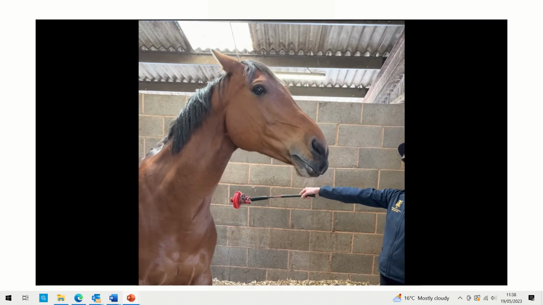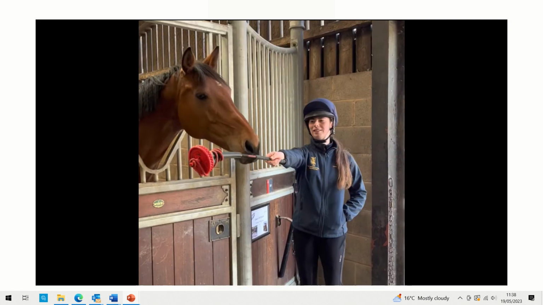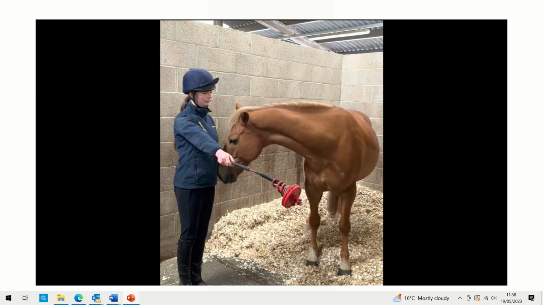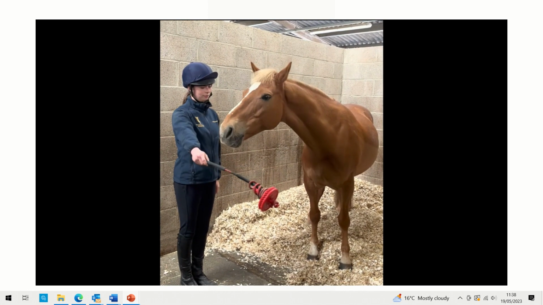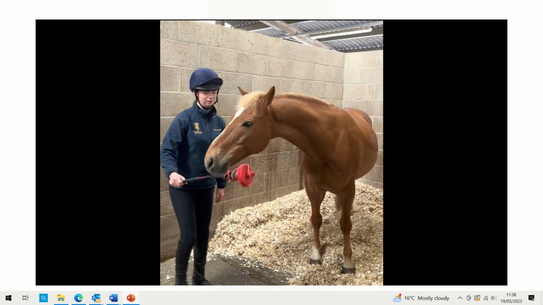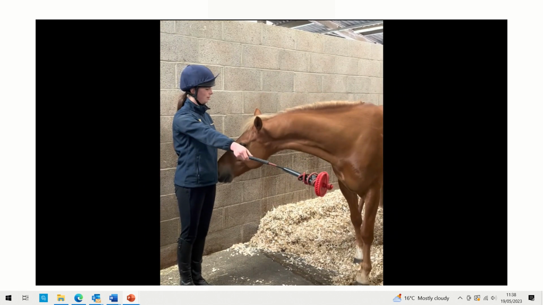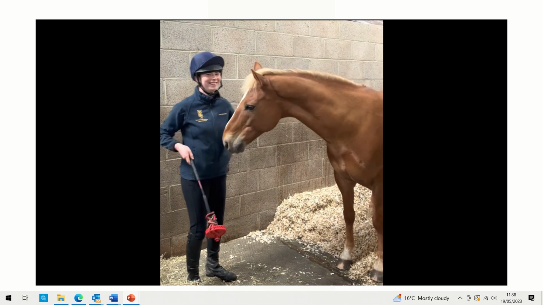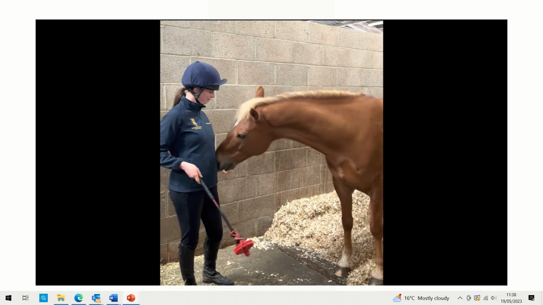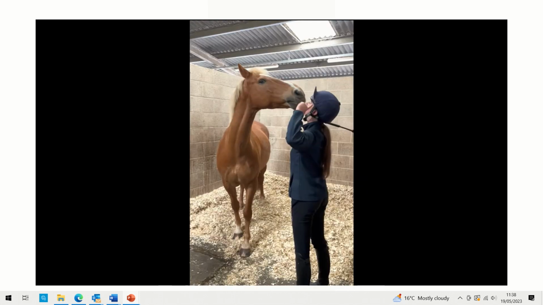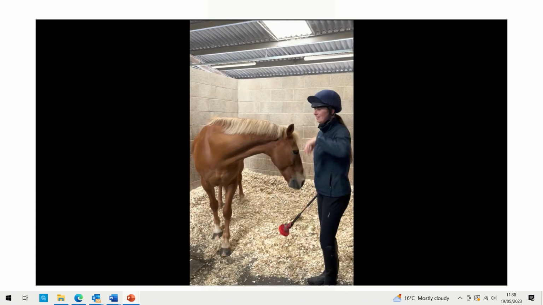So I've put some examples of the behaviour that I do not want. Most of these were a miscommunication or due to my cues and timing being wrong. So this was in the beginning where I was getting to grips with how to ask for the behaviour that I wanted, and the ponies were starting to understand how to do it.